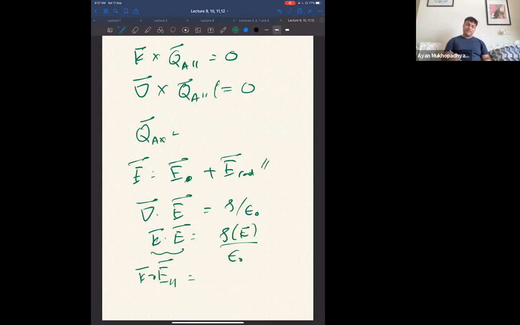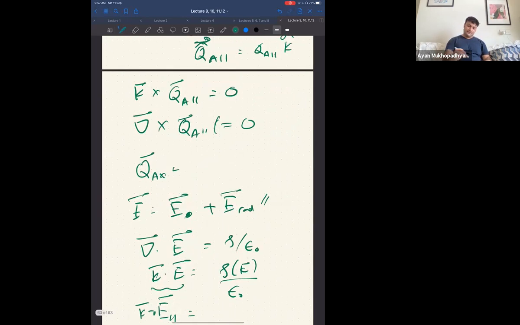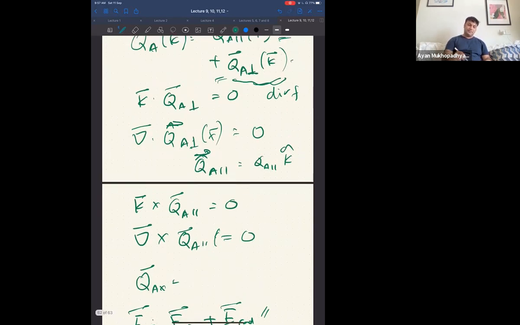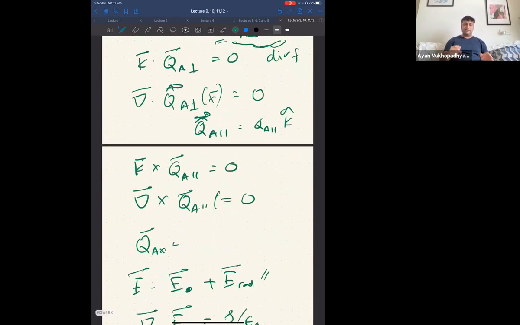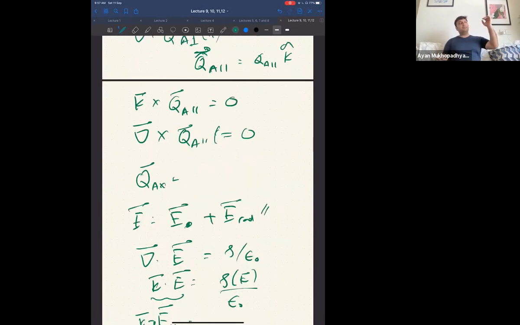The radiation part, which is the Fourier transform of the perpendicular component, will be perpendicular to K. You remember that the electric field is always perpendicular to the direction of propagation.